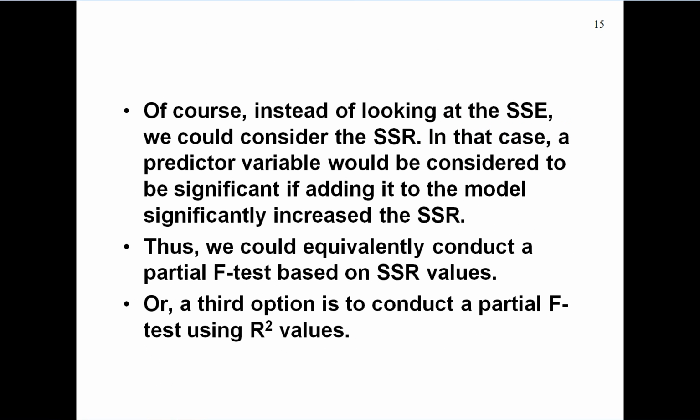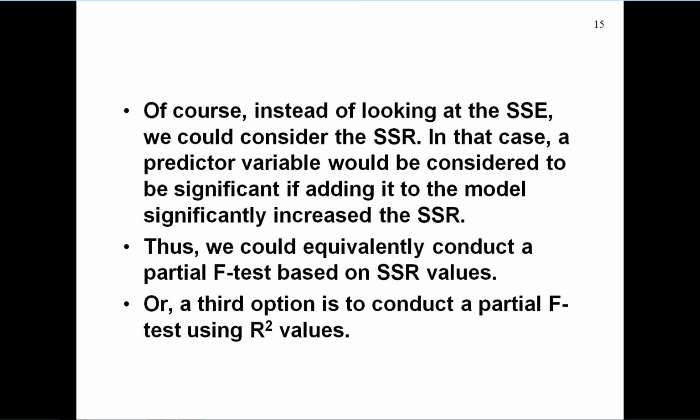Now, of course, instead of looking at reducing the sums of squares error, we could look at just the opposite approach. We could look at whether or not adding an additional variable or a block of variables to a model significantly increases the sums of squares for regression. Now remember, sums of squares total equals sums of squares error plus sums of squares for regression.